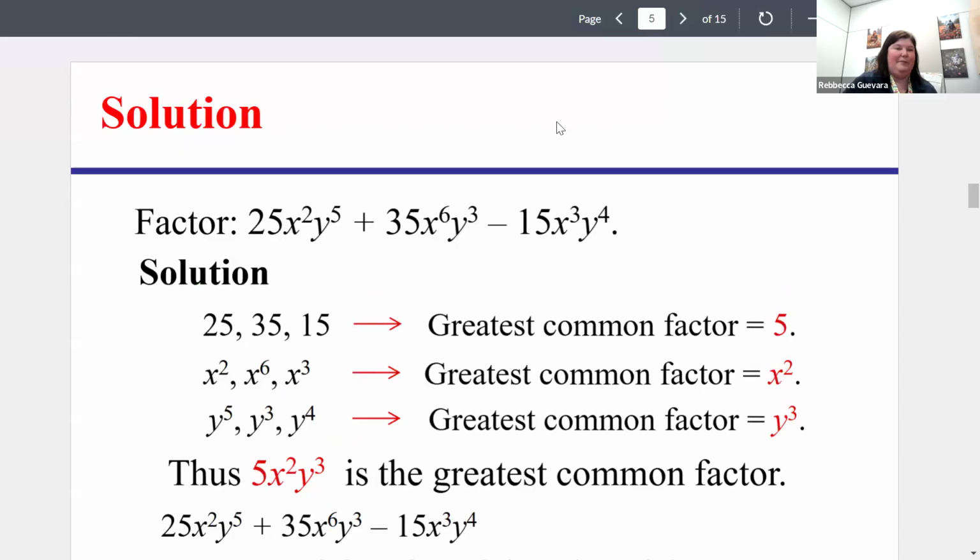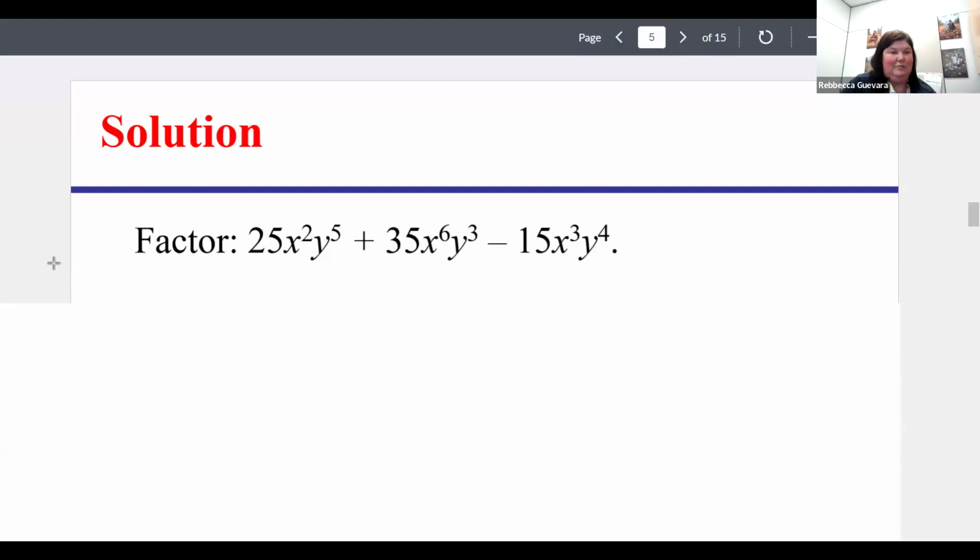This is another example that we need to go back over. If I gave you these three terms and asked you to factor, we're trying to find something that divides all of these.